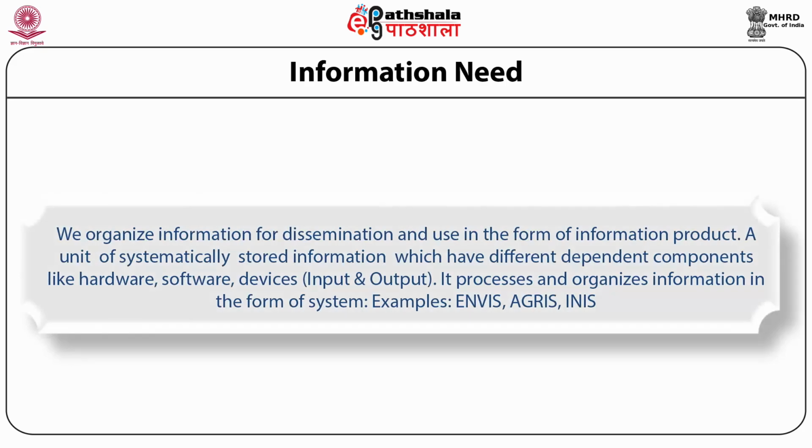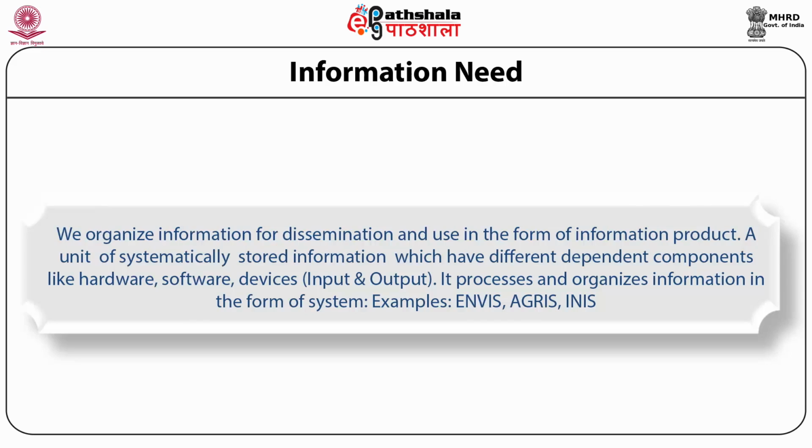We know that we organize information for dissemination and use in the form of an information product: a unit of systematically stored information which has different dependent components like hardware, software, devices, input and output devices.